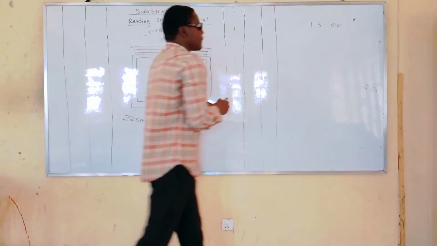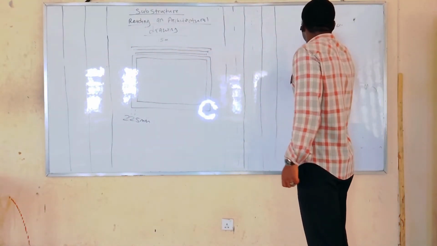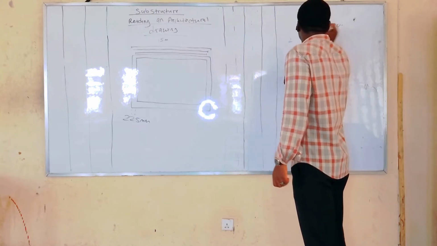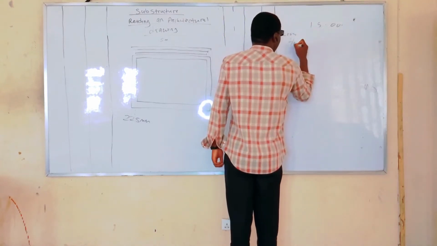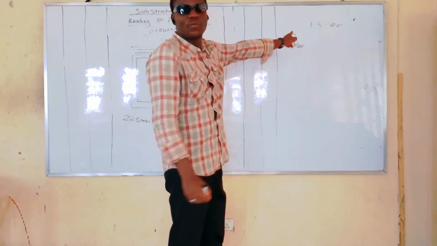So that will now be 15 meters less 2 by half of 225, which is also going to give us 225.